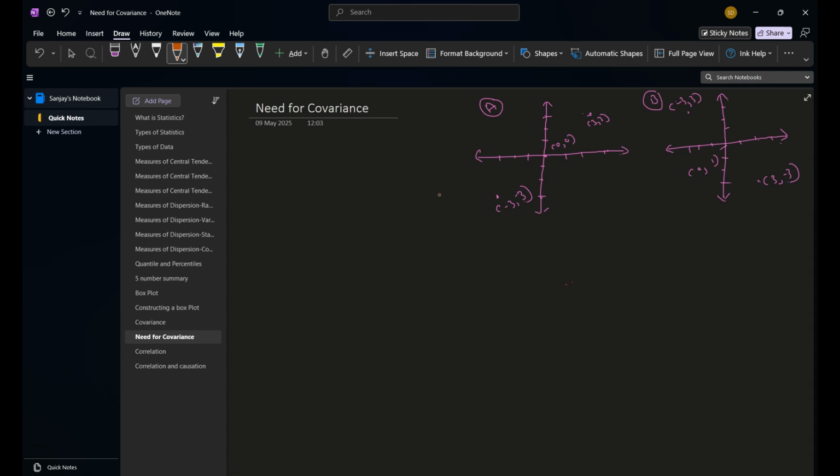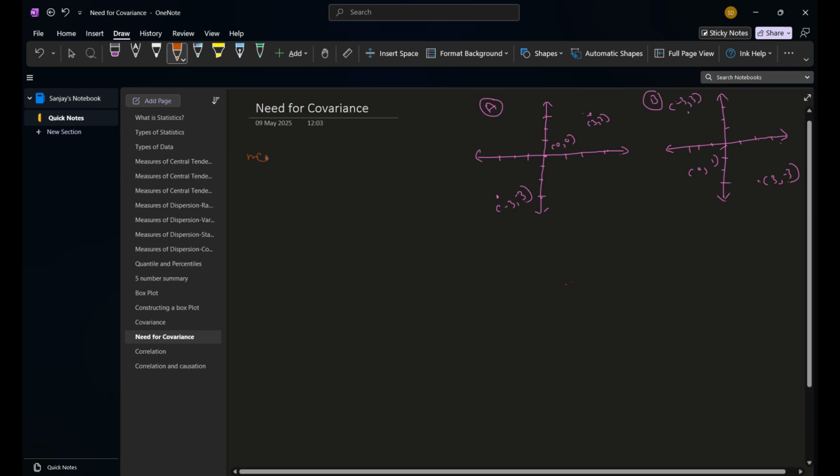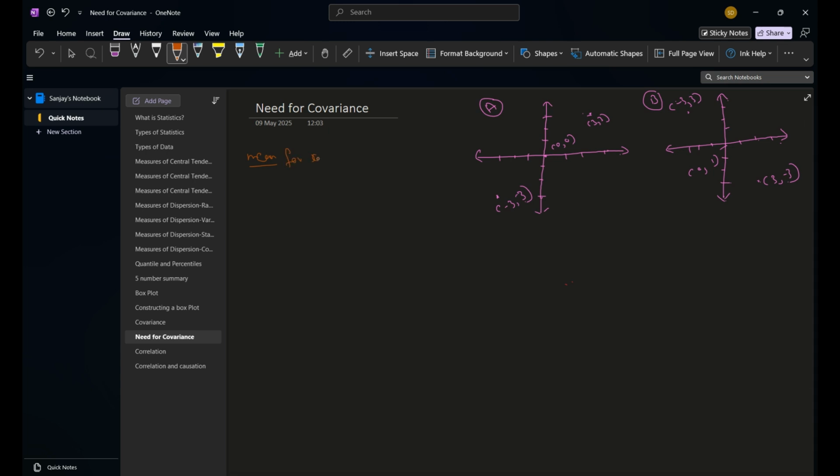So when we calculate the mean of both data sets, let me write x and y. This is for data set A, and data set B, x and y. So minus 3, 0, minus 3.